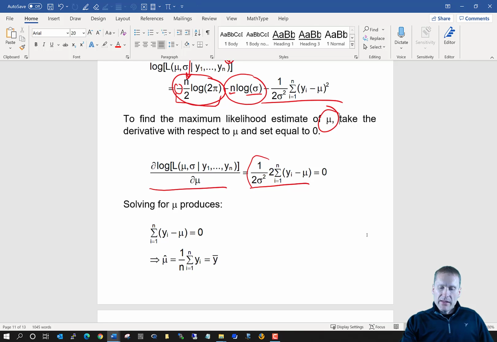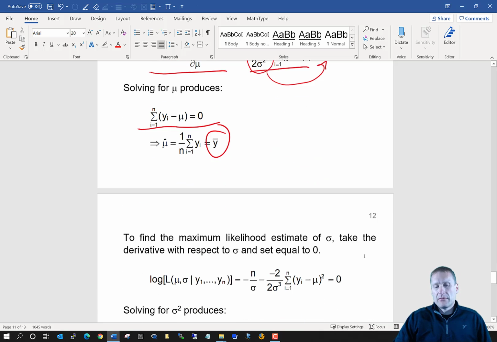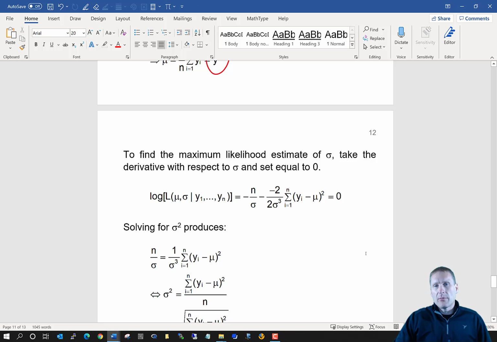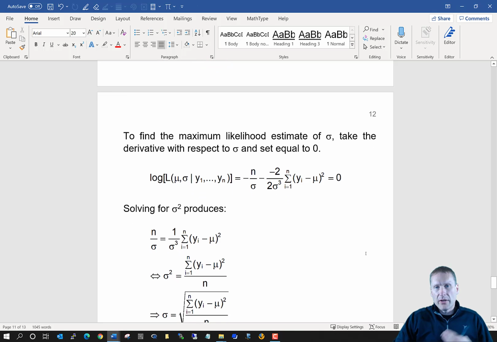Now we have these constants out here. I can move those over to where you see the 0, and I'm going to take 0 times them, and therefore they disappear. So what I'm left with is just simply the sum of the y sub i's minus mu set equal to 0. Solve, and you get the maximum likelihood estimate for mu hat to be simply y bar. That makes sense to happen.